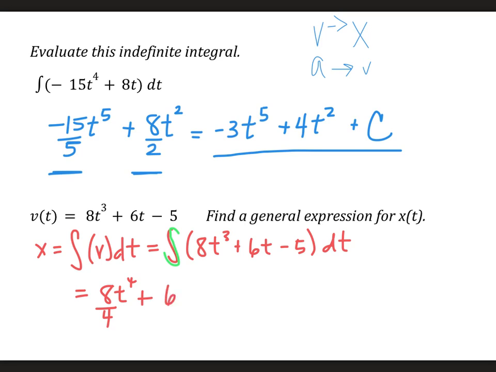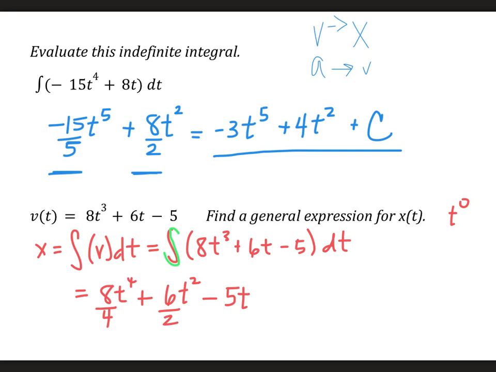Okay, this is 6t. t is t to the 1, so it goes to t to the 2. All right, and then this one doesn't seem to have any sort of t in there, so it's like a t to the 0. Okay, so when you raise it, it goes to t to the 1, or a t is grabbed as you do this process of integrating. So this becomes negative 5t.